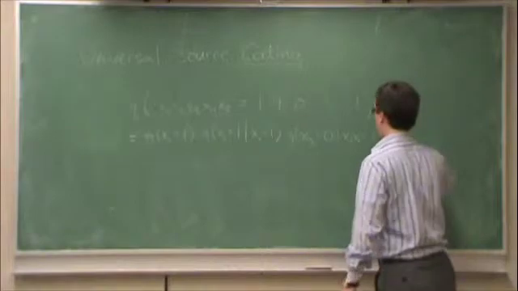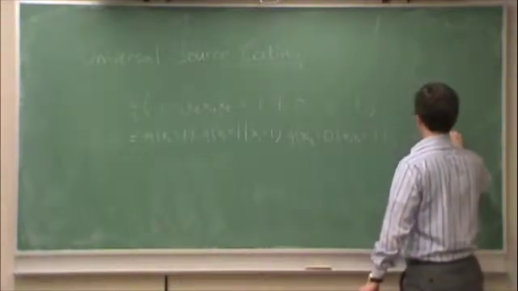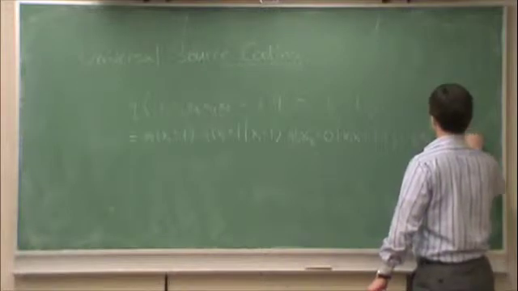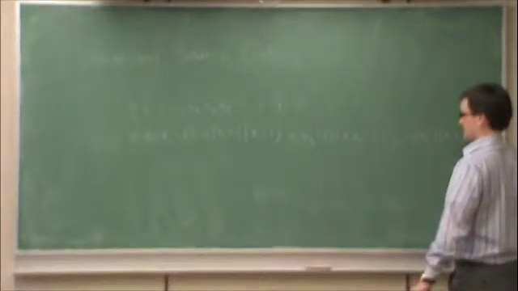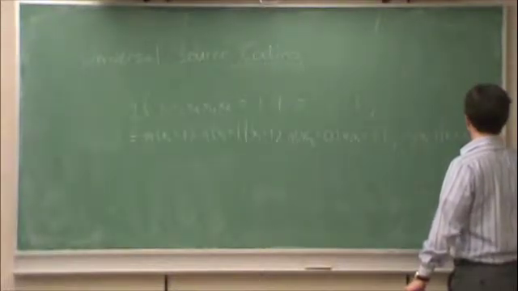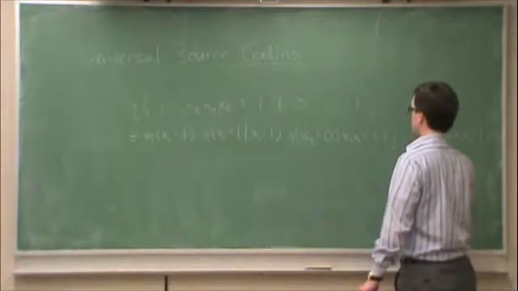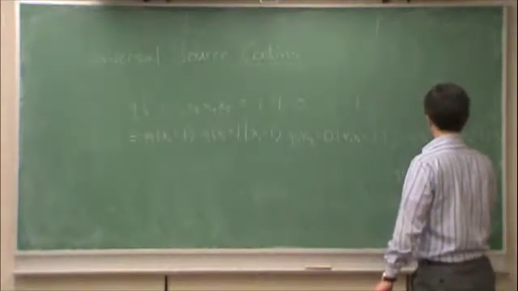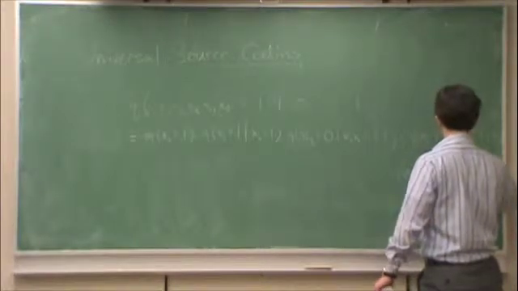Times Q of x4 equals 1, given x1, x2, x3 equals 1, 1, 0. Times Q of x5 equals 1, given x1, x2, x3, x4 equals 1, 1, 0, 1.